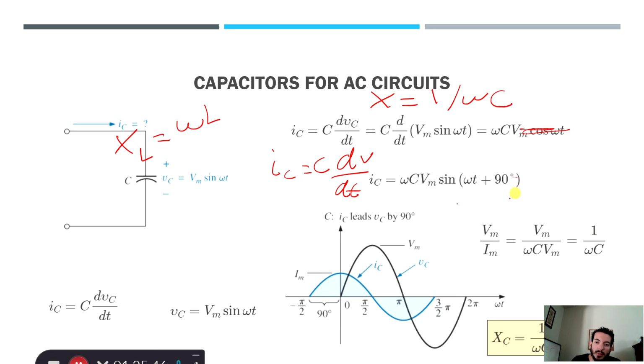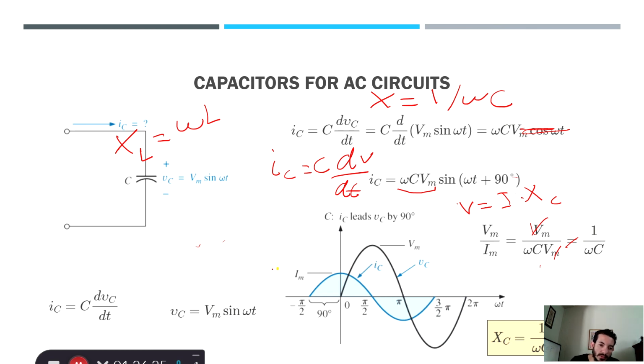So when you apply Ohm's law, you're going to know that V equals I times the reactance, in this case of the capacitor. If you want to know the reactance, it's Vm divided by Im, and then you have 1 divided by omega C. So when you want to plot your voltage, it's obviously going to be from this result right here.